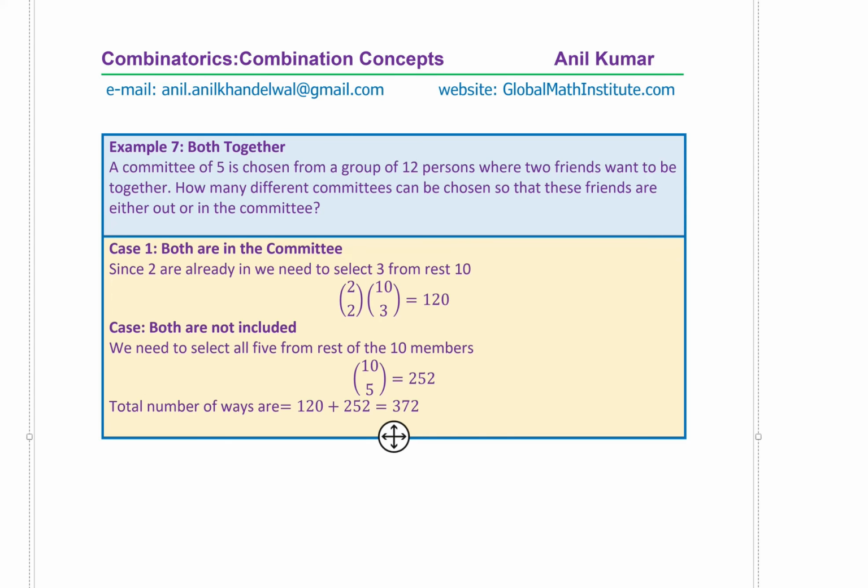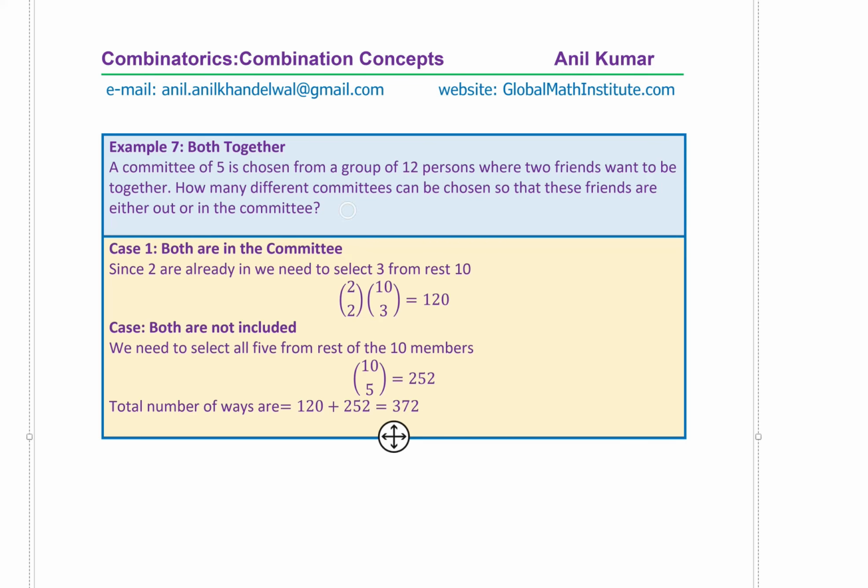Now here is another very important type of question where we are selecting both or together. You understand? So that's very critical to understand. The question here is, a committee of 5 is chosen from a group of 12 persons when two friends want to be together. Means either both are there in the committee or they both are not there, right?